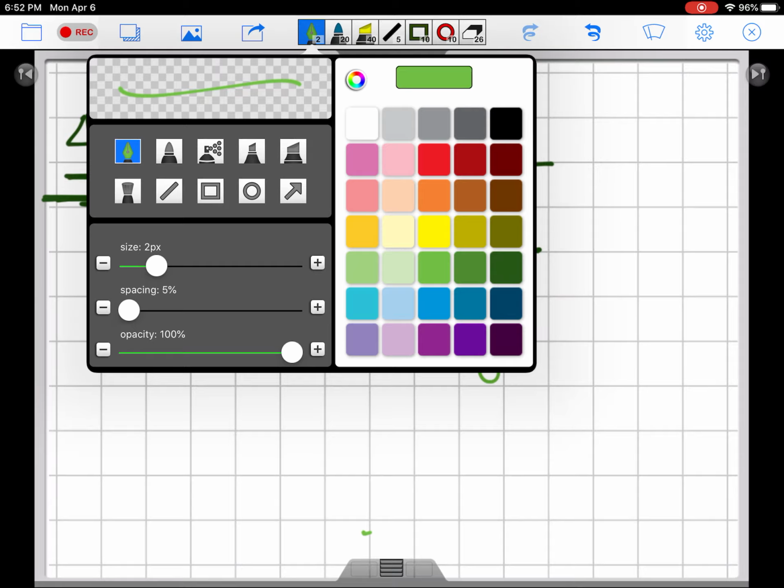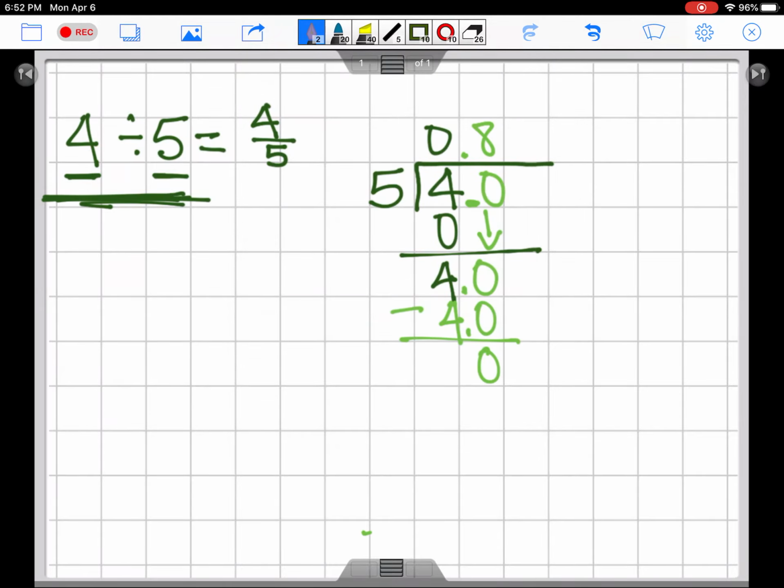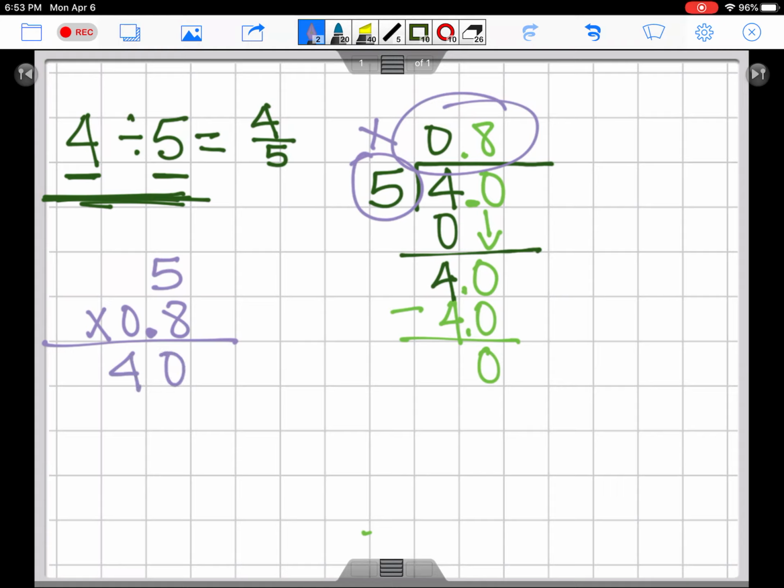Let's do a really quick multiplication to check our work. Remember, we need to multiply our quotient by our divisor, and it should equal our dividend. Let's do this. 5 multiplied by 0.8. 8 times 5 is 40.